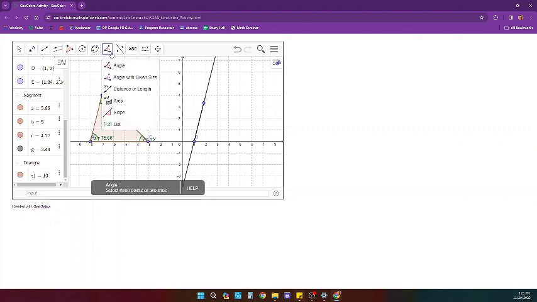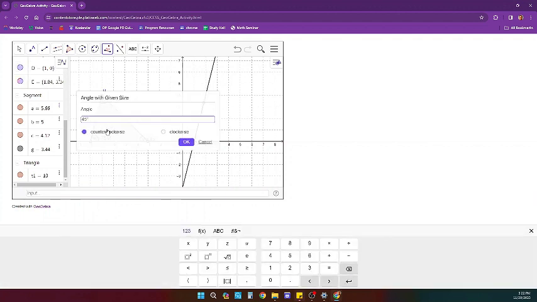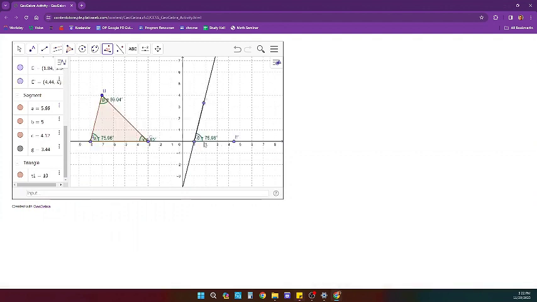So I'm going to go to my Measure tab, and I'm going to create an angle with a given size. So I click E, D, and I'm going to input my desired angle, which is 75.96. And I want it to be clockwise from the line. And that creates our desired angle.